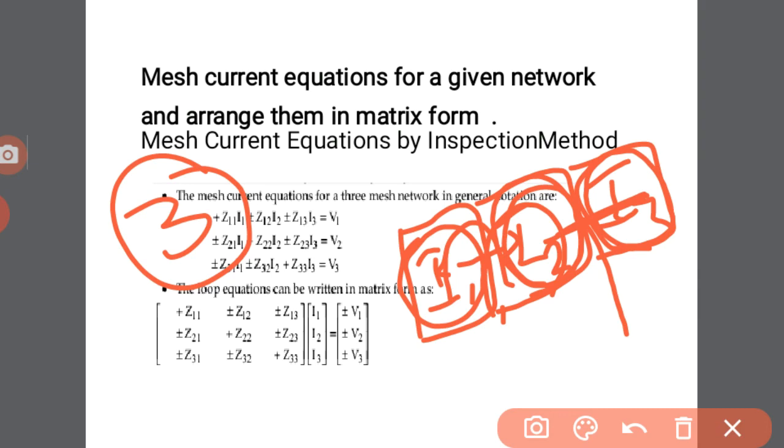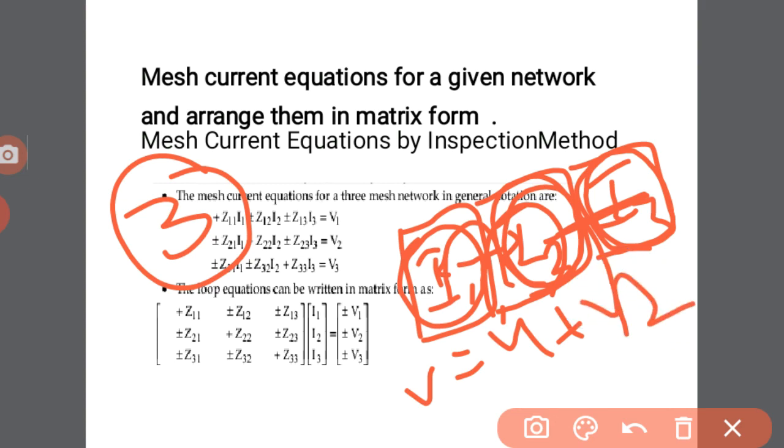Next, the third case is the sum of the voltages. Suppose in the first loop there are 2 voltage sources. Then the total voltage within the loop is the sum of these 2 voltage source values, that is V equal to V1 plus V2.